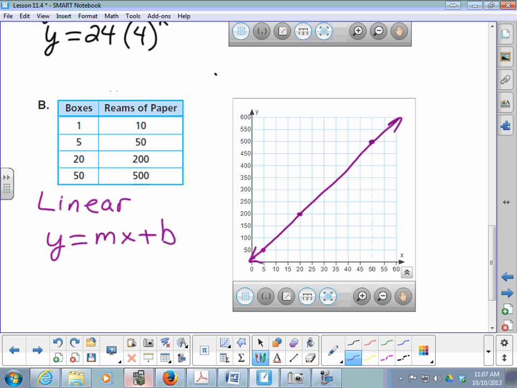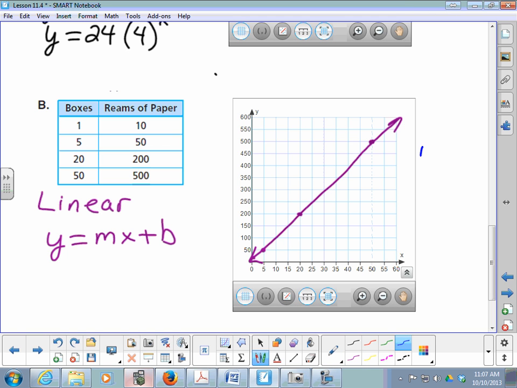So we're going to go ahead and find the slope. How do I find slope? I don't have a 0 up there for my y-intercept, but we can figure that out in a minute once we know what the slope is. Remember, slope is the rise over run.